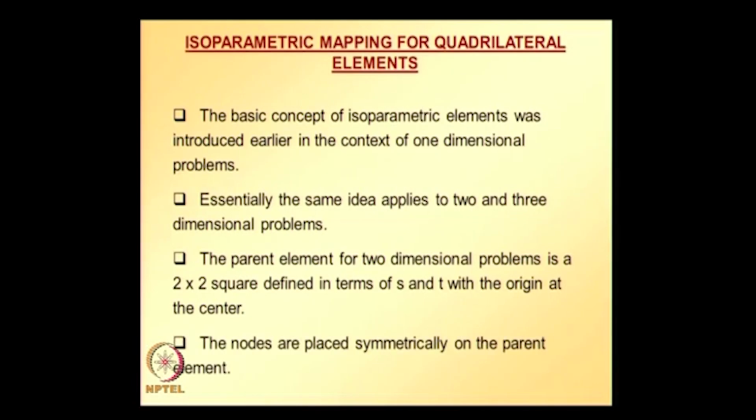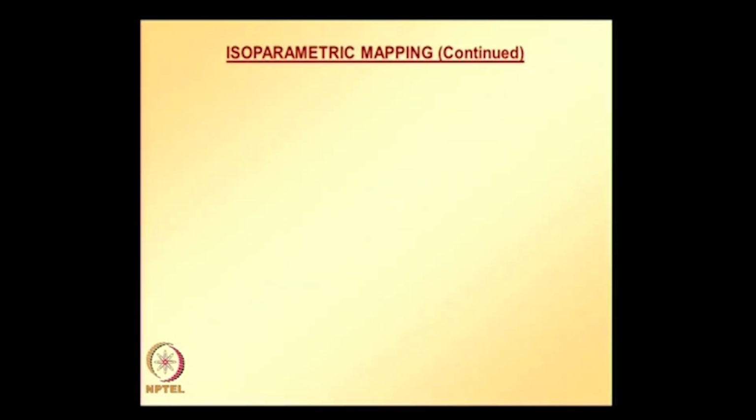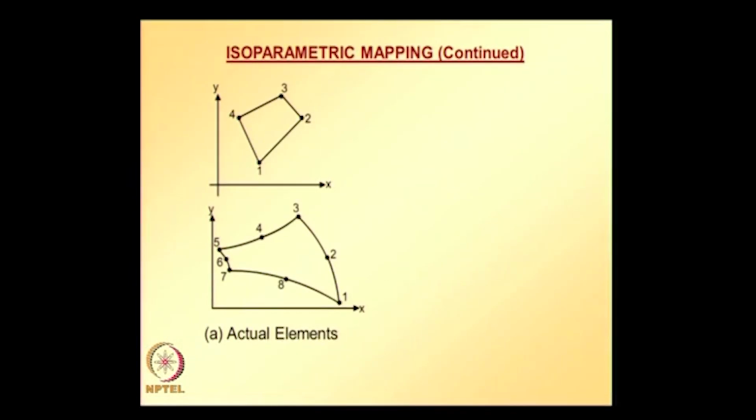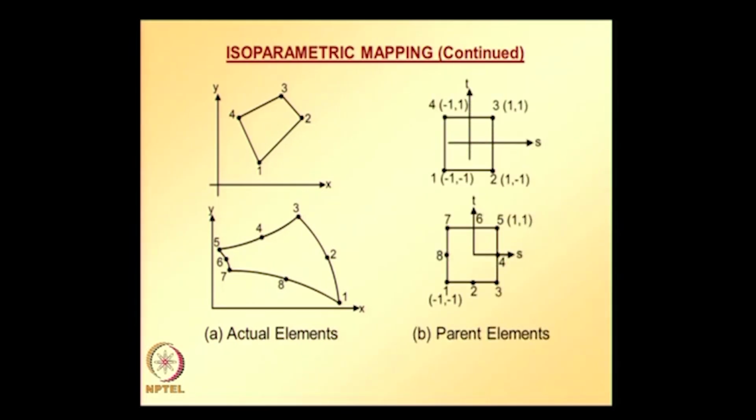Nodes are placed symmetrically on the parent element. To get an idea, here these are 2 elements, one is a 4 noded element and the other one is an 8 noded element, and both are actual elements, and these elements in isoparametric mapping we are going to map onto parent element like this.